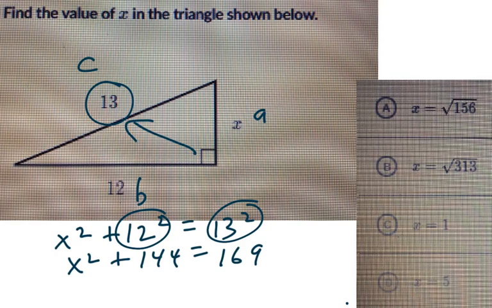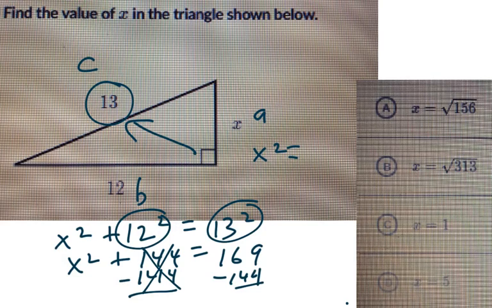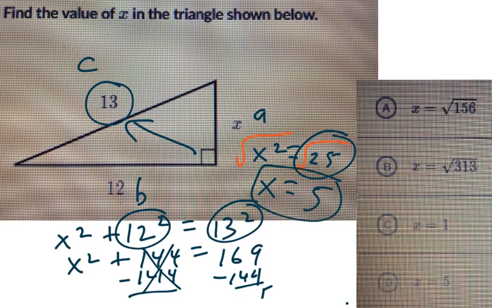Guys, seriously, if you really need to use a calculator, please use it to do the squares. All right, notice I'm going to minus 144 both sides. 144 is gone there. X squared must equal, in this case, see, 9 minus 4 is 5. 16 minus 14 is 2. 25. So when I do the square root of X squared so that I can get X, my answer is square root 25, which is 5.